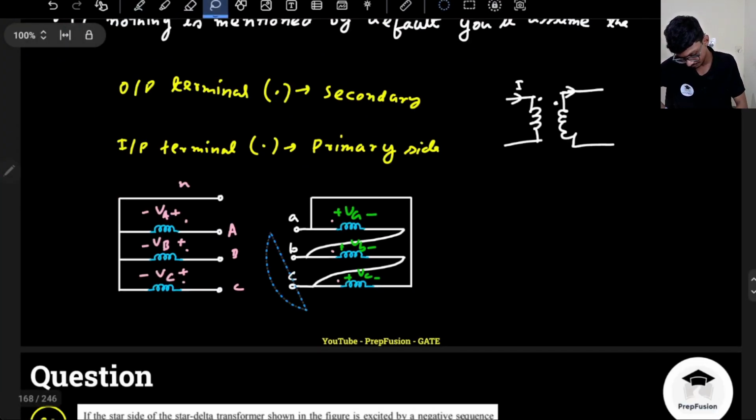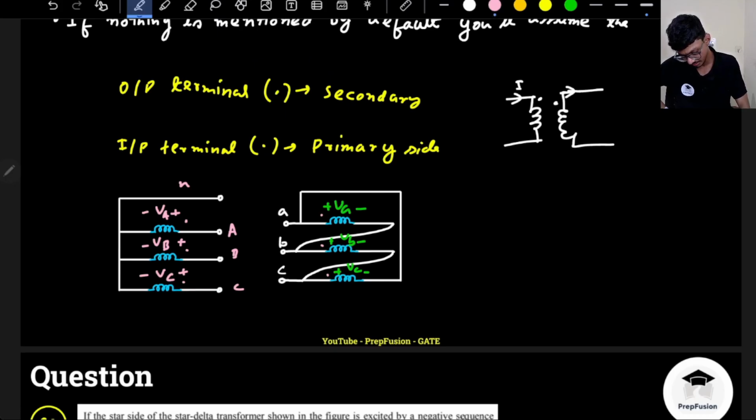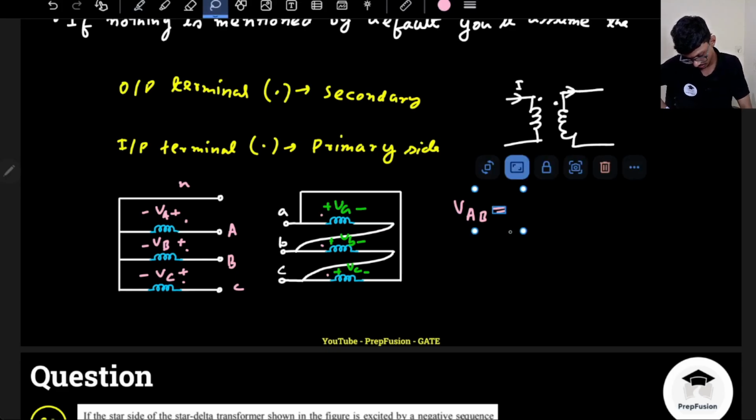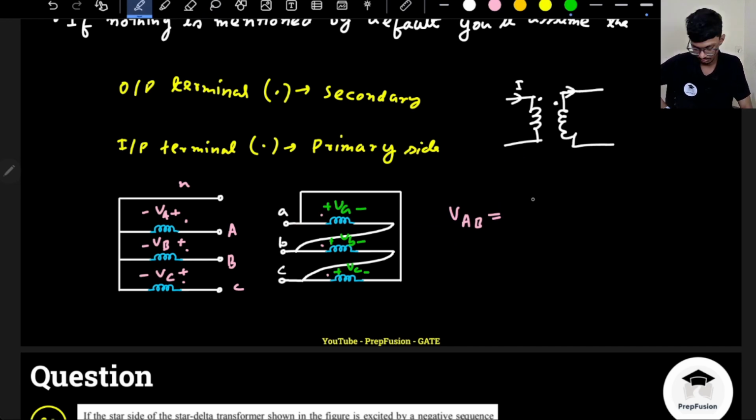So what is my VAB? It is plus VA minus VB, so it is basically root 3 into VA.